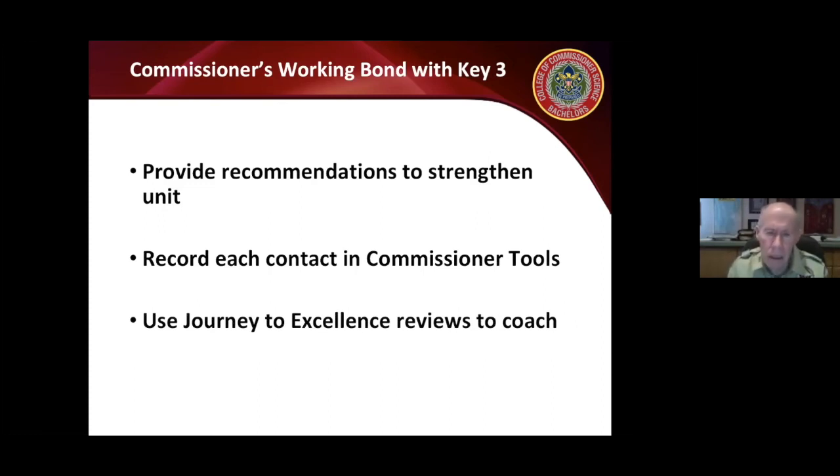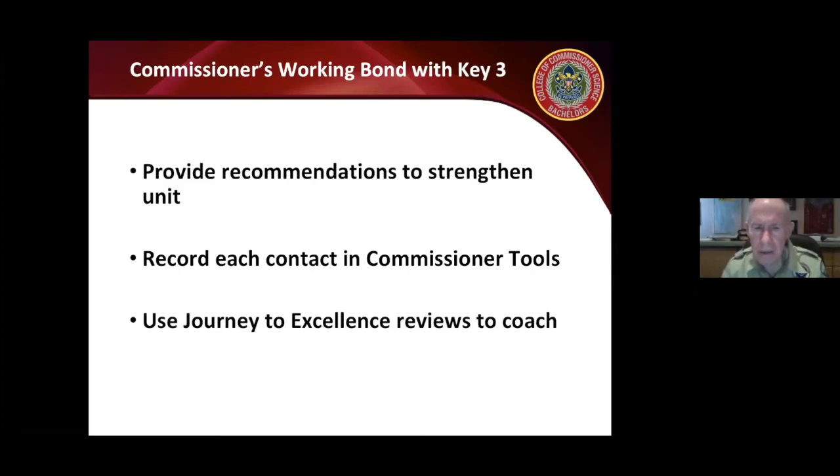And then the Journey to Excellence is an excellent program for not only the unit commissioner, but also the key three within that unit, as well as the committee. Provides ideal areas for us to evaluate how well are we doing.